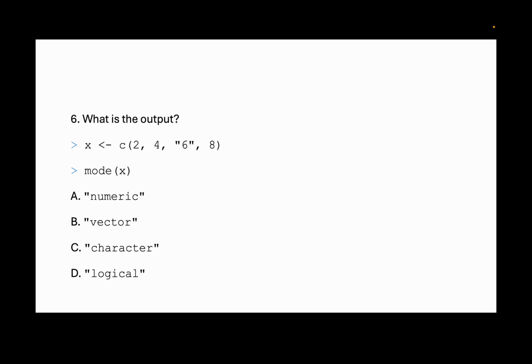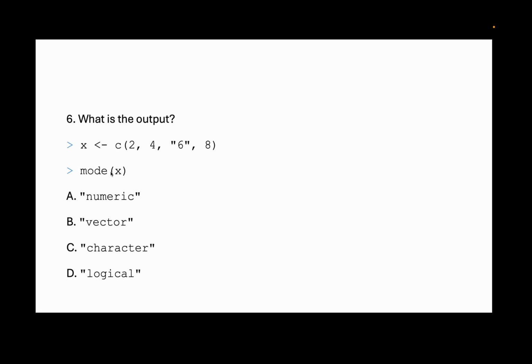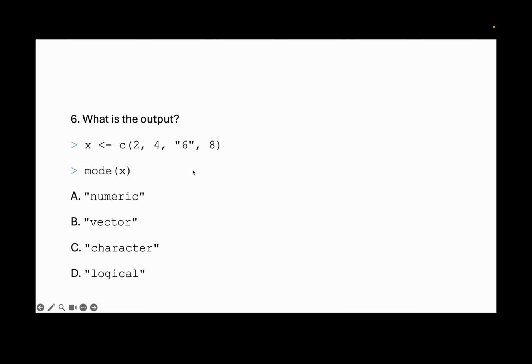So here you are saving these values inside x, and then you are calculating the mode of x, and as I mentioned, this mode is not the mode of measures of central tendency. So character. Yes, it will be a character.